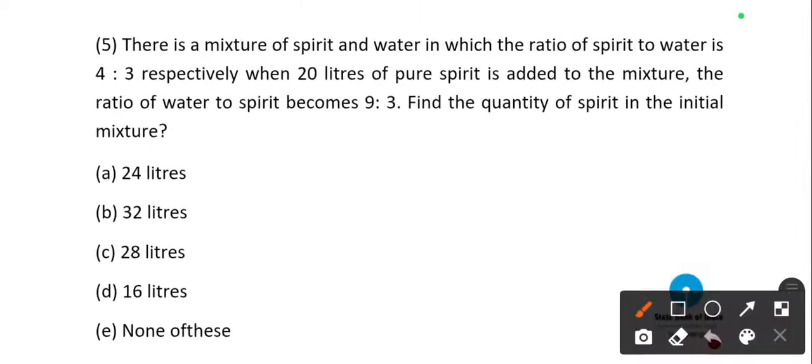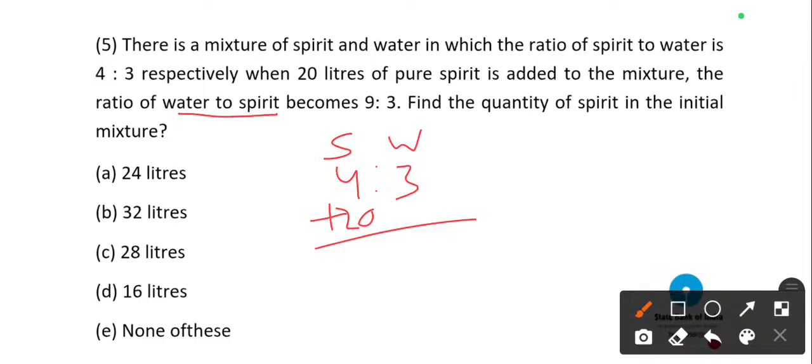Here there is a mixture of spirit and water. The ratio of spirit and water is 4:3. When 20 liters of pure spirit is added to the mixture, the ratio of water to spirit becomes 9:3.